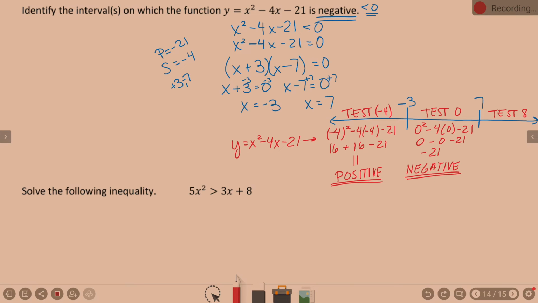So a number to the right of 7, if I put in 8. 8 squared minus 4 times 8 minus 21. 8 squared is 64 minus 32 minus 21. Well, I know that's positive. 64 minus 32 is 32. 32 minus 21, is that 11 again? Yeah. And this 11 we know is positive.